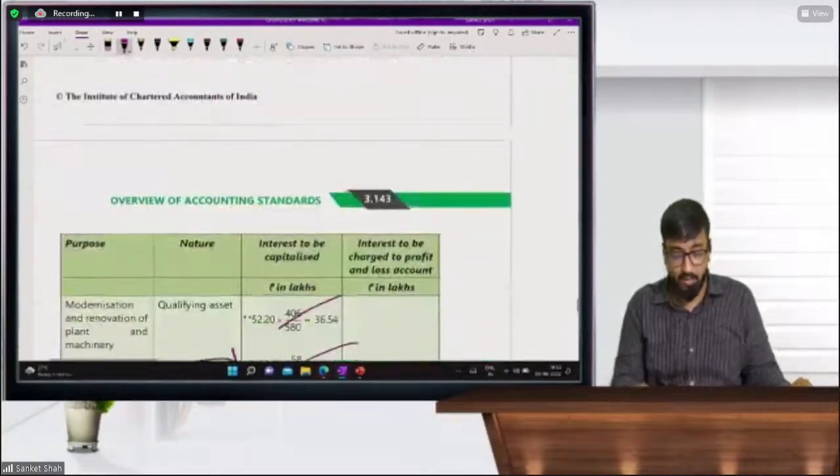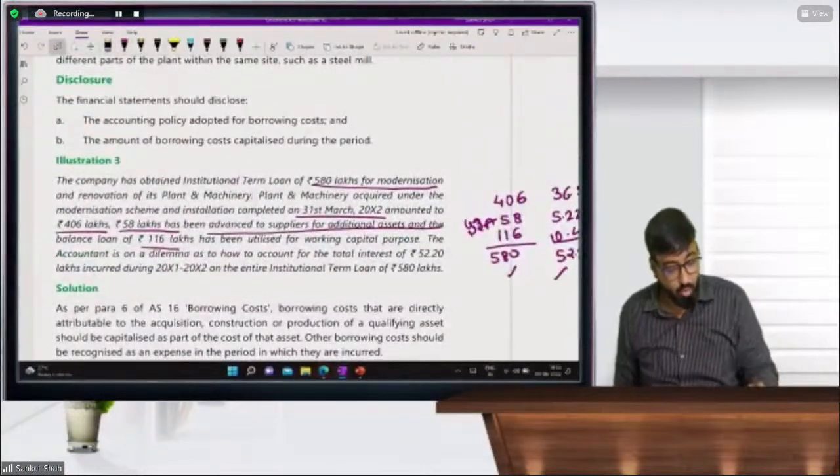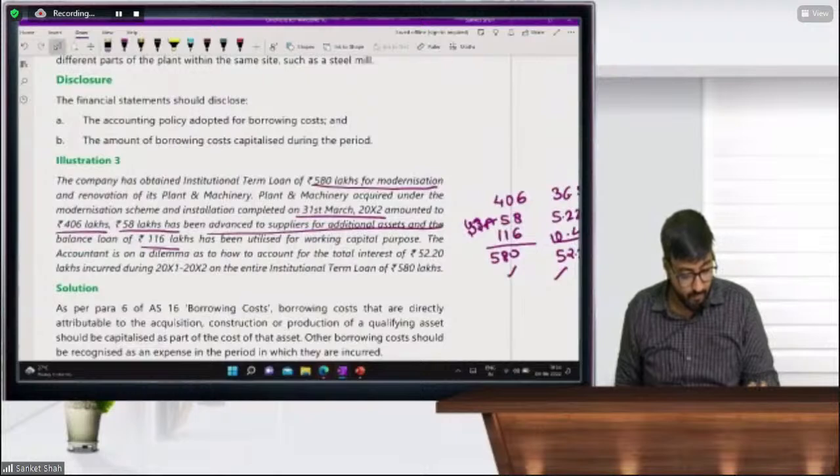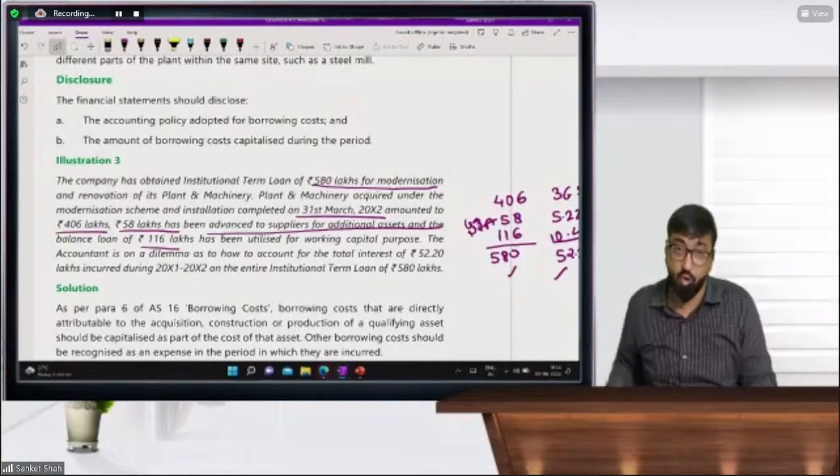Okay, and even this modernization and renovation is also a qualifying asset. We can treat it that way. So both options are correct. It is assumed that you may consider advance to supplier for additional asset as qualifying or non-qualifying, both are correct.